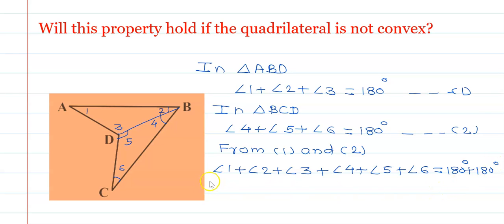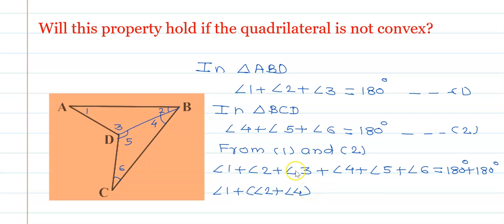Now first of all, this is angle 1. Next is angle 2 plus 4, it makes angle B. Therefore, I will write here angle 2 plus angle 4 in a bracket.